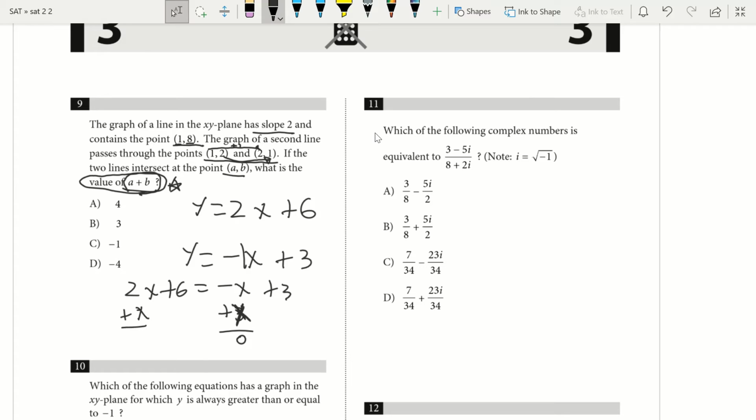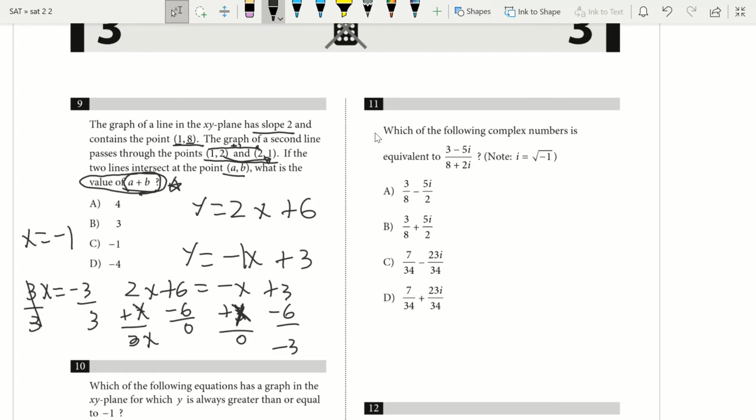So 2x plus x will give me 3x. Then we're going to subtract 6 from each side. 3 minus 6 gets us negative 3. So we have 3x equals negative 3. Divide both sides by 3. And we will get x equals negative 3 over 3, which is x equals negative 1.